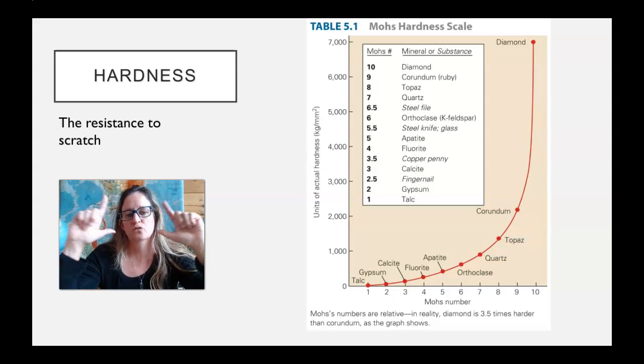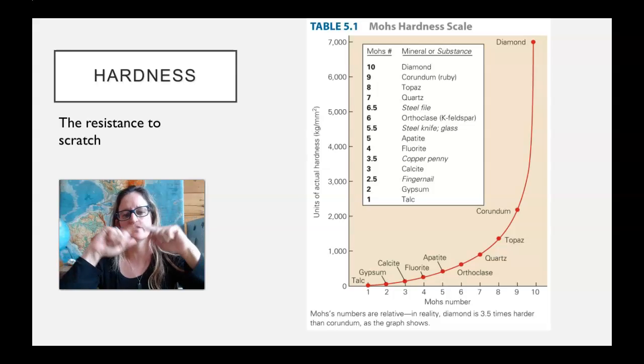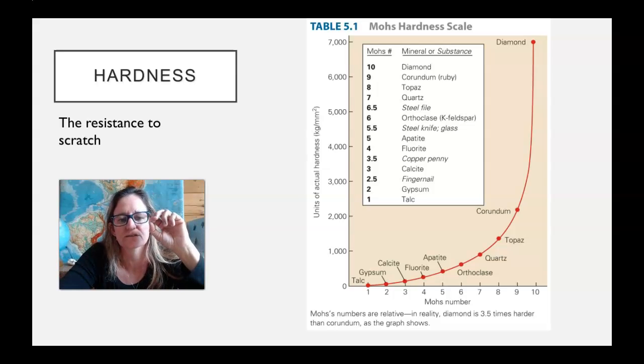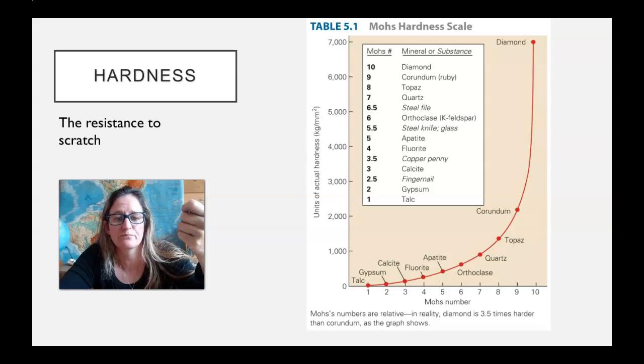Normally we will just use our fingernail, which is between gypsum and calcite, so a 2.5. We can use a copper penny, 3.5, between calcite and fluorite. And then a steel knife or a piece of glass is 5.5. Above that, usually it's going to be a steel file.